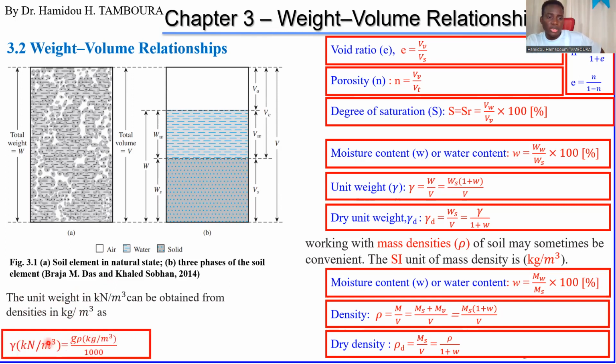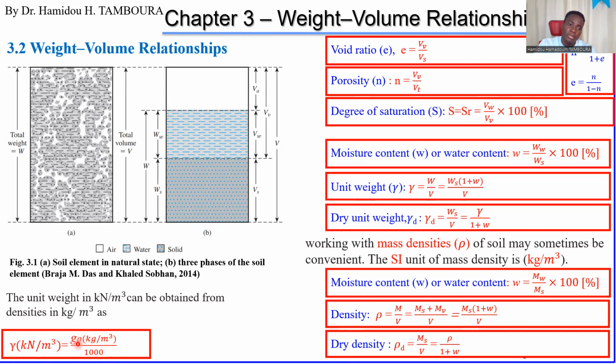So you can obtain the unit weight by using density, by using this formula. Normally, if you don't divide by 1000 here, you will be getting your unit weight not in kilonewton, but only in newton. So this is just conversion. The division by 1000 is just to convert it from newton to kilonewton.